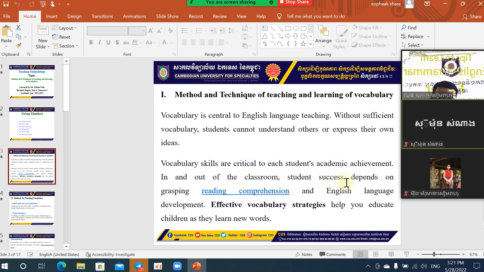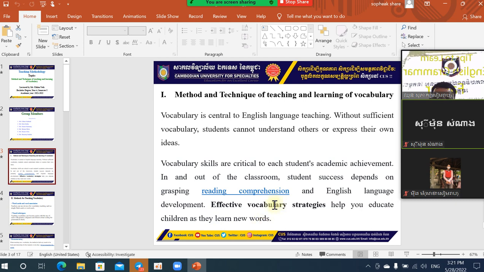Student success depends on grasping reading comprehension and English language development. Effective vocabulary strategies help you educate children as they learn new words.